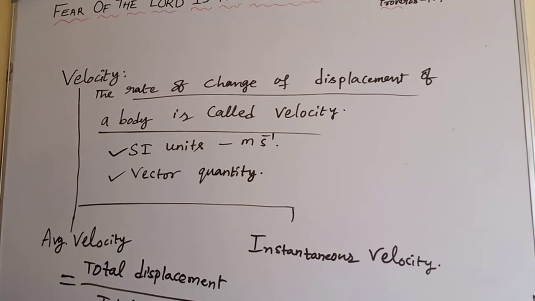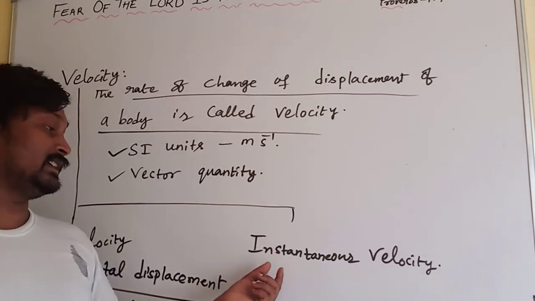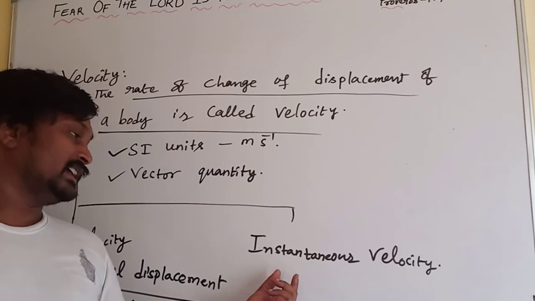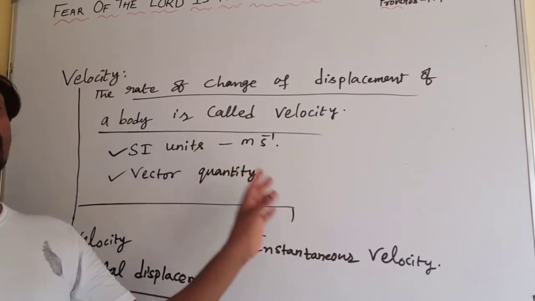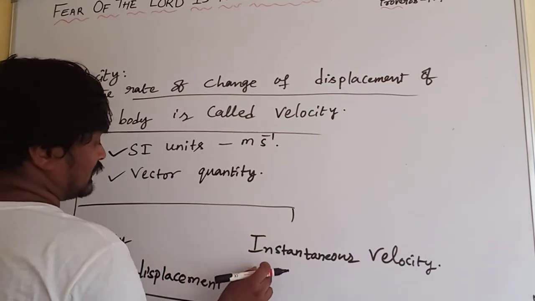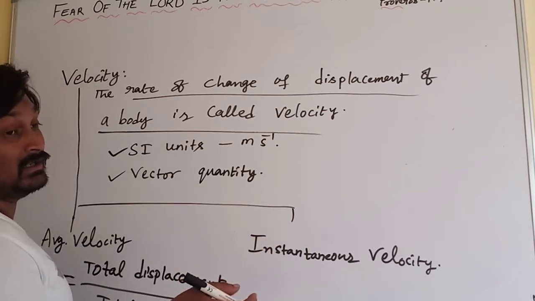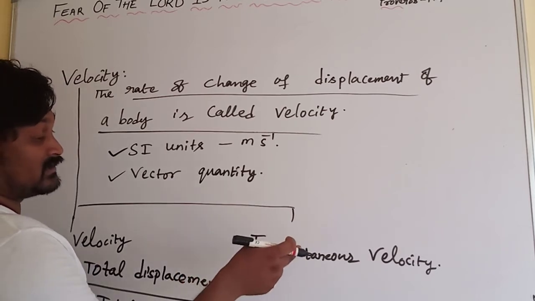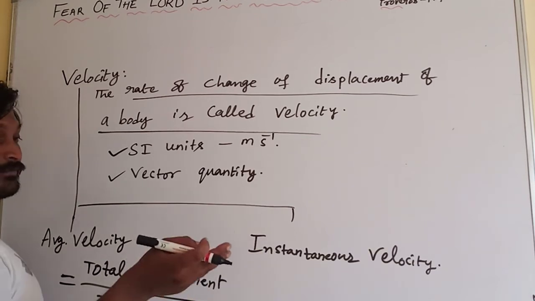And if you want instantaneous velocity, what is instantaneous? I already explained in the last video. Instantaneous is nothing but the velocity at that particular point. For example, at 2 meters distance, what is the velocity? Such kinds of questions are there.